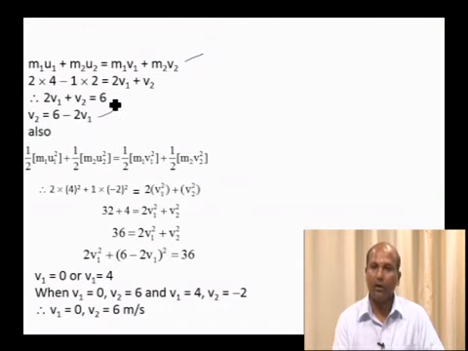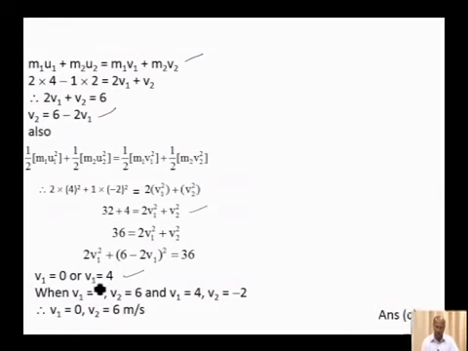But if momentum is conserved, kinetic energy of the system also should be conserved. So we take the kinetic energy of all these velocities. Then substituting, you get an equation here. Solving, you will see v1 is equal to 0 or v1 is equal to 4, in this particular quadratic equation.